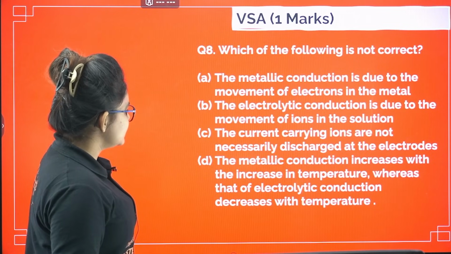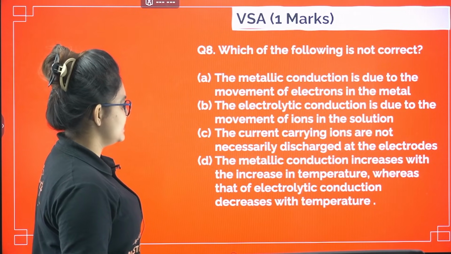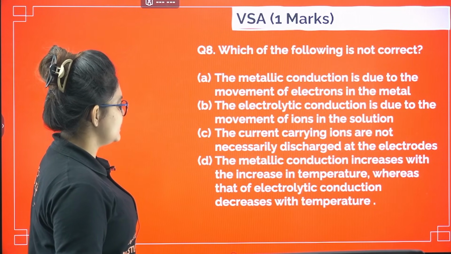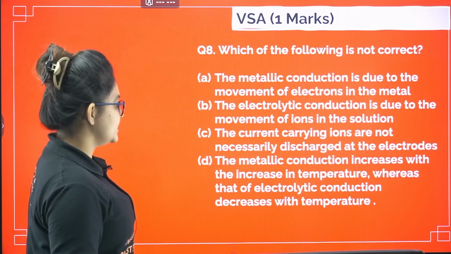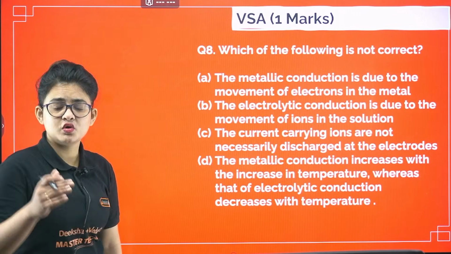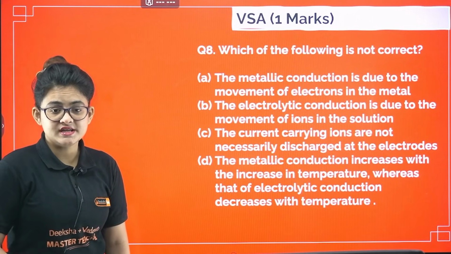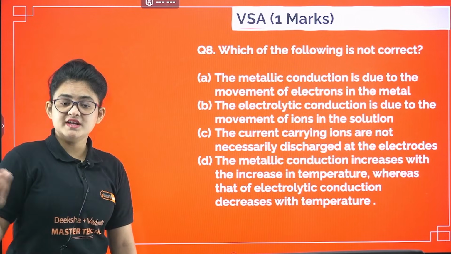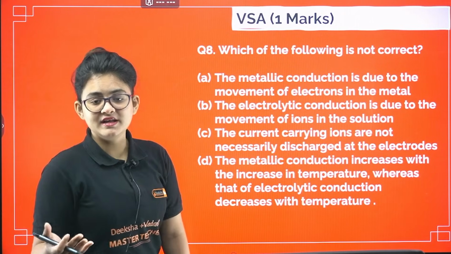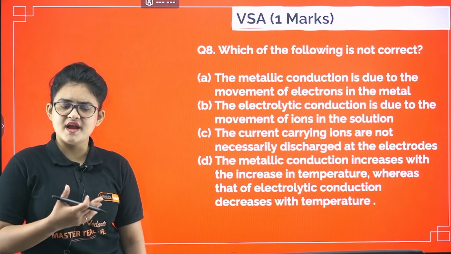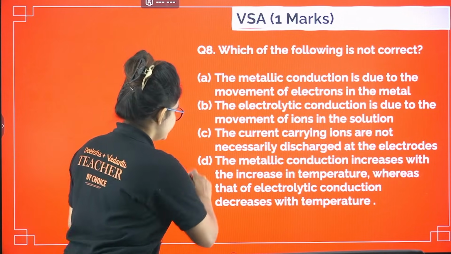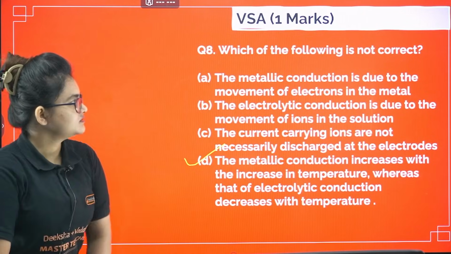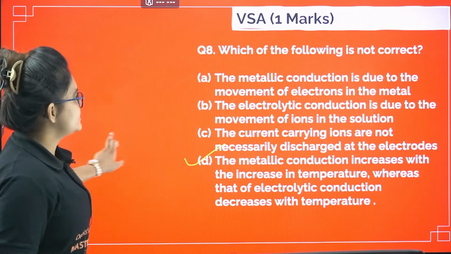Next, the metallic conduction increases with increase in temperature, whereas that of electrolytic conduction decreases with temperature. No, electrolytic conduction also increases with increase in temperature. If temperature you increase, what happens? The kinetic energy for both the electrons and ions increases. That will increase the conductivity. So option D is the wrong one, not correct. Okay, let's proceed.